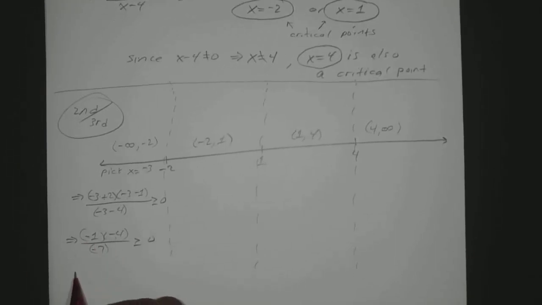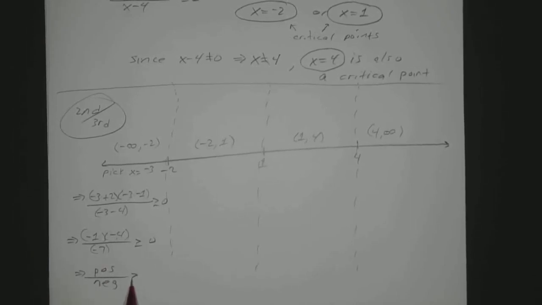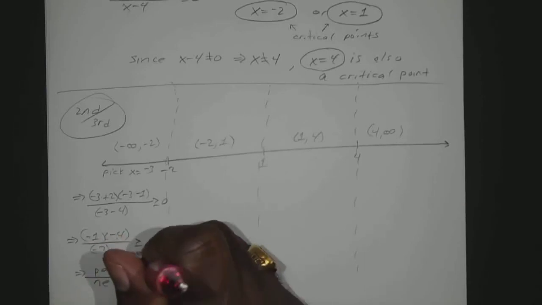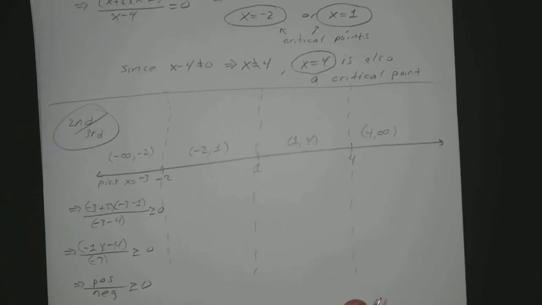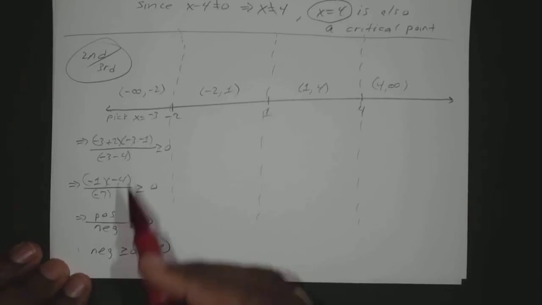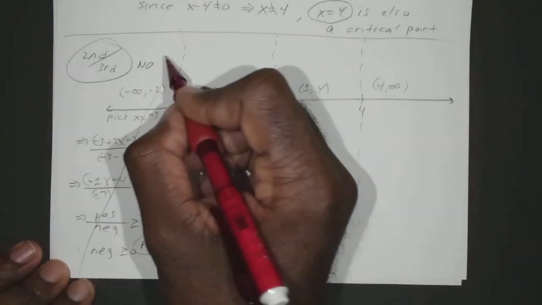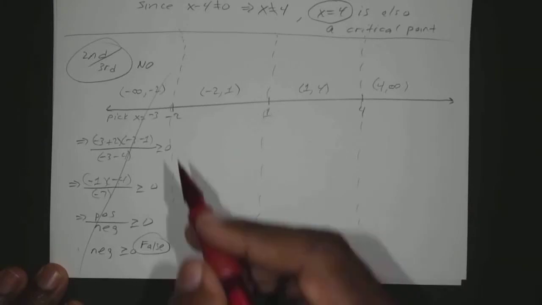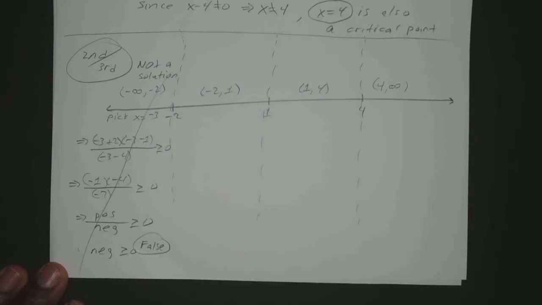So here you'd have a positive divided by a negative, greater than or equal to 0. Positive divided by a negative is negative. So a negative is greater than or equal to 0 is false. Okay, so we know this one's not part of the solution. You can put not part, or you can just put no, or anything to let you know that you're not going to use that interval.